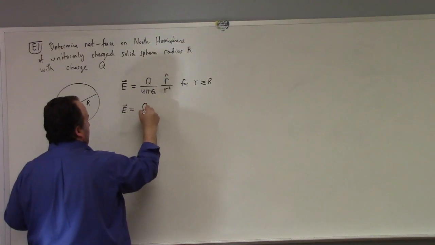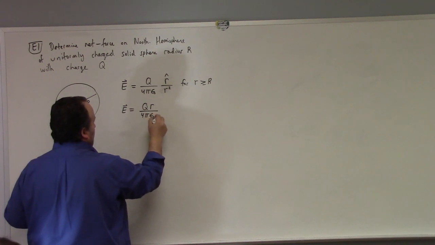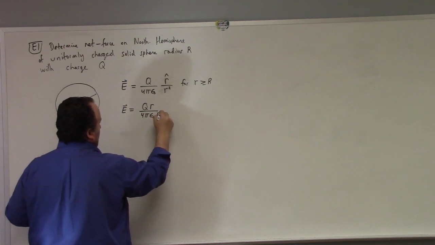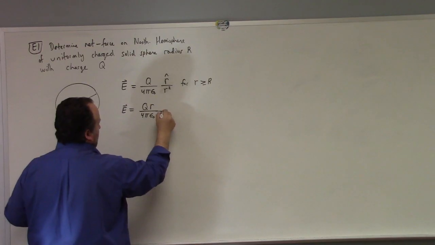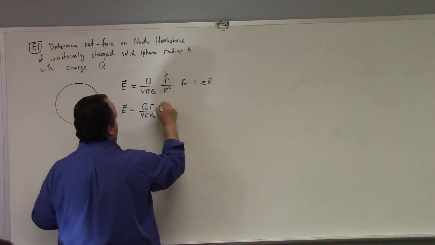Remember how it goes? It's Q r divided by 4 pi epsilon naught big R cubed, I guess it was. It's gotta be big R cubed. r hat.